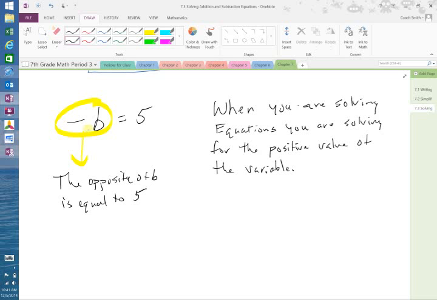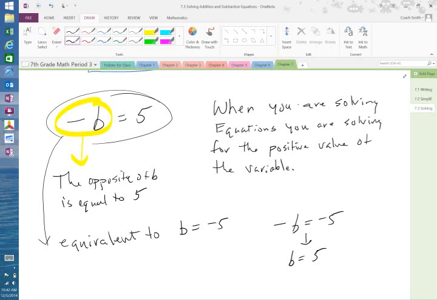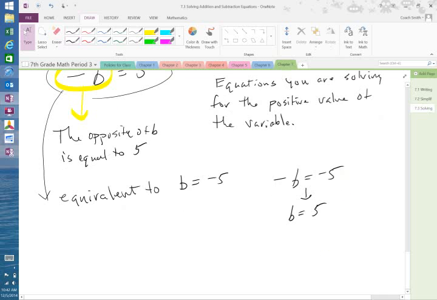So that right there is equivalent to b equals negative 5. So when you see this equation, negative b equals 5, then b has to be equal to negative 5. If it would have said negative b is equal to negative 5, then b would be equal to 5. I thought it showed up in this section, but it may be the next section, but I know at some point you're going to see that, so we can cover that and know that.